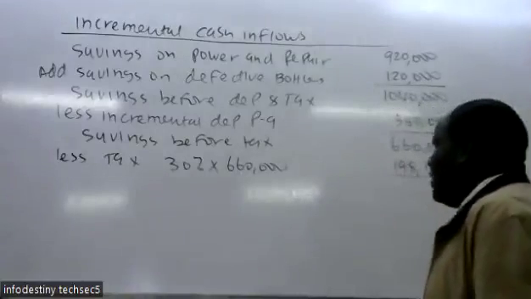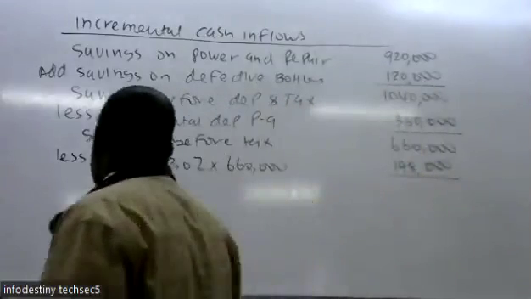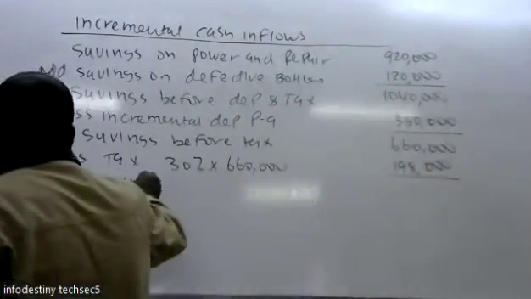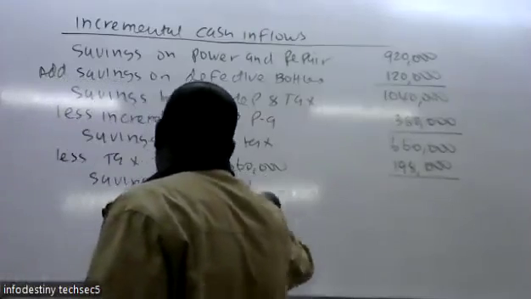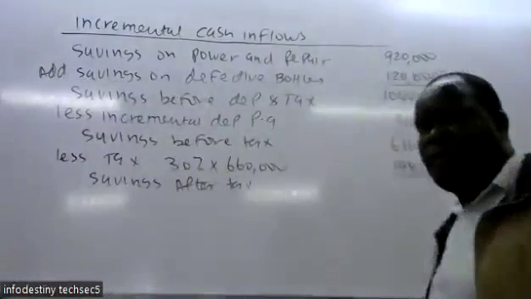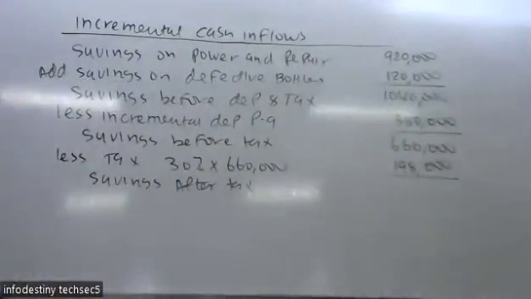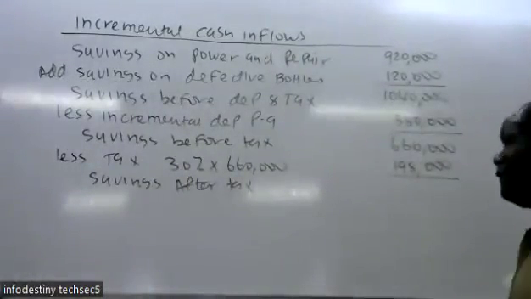So that we get the savings after the tax. So savings after the tax will be 462,000.